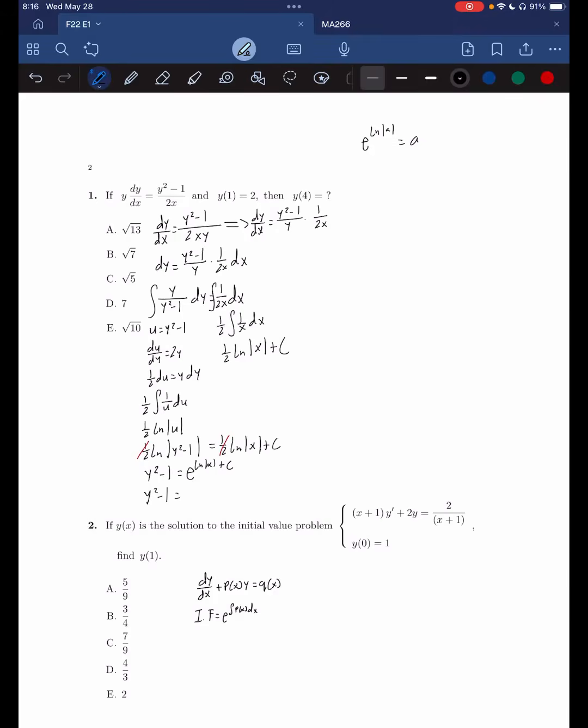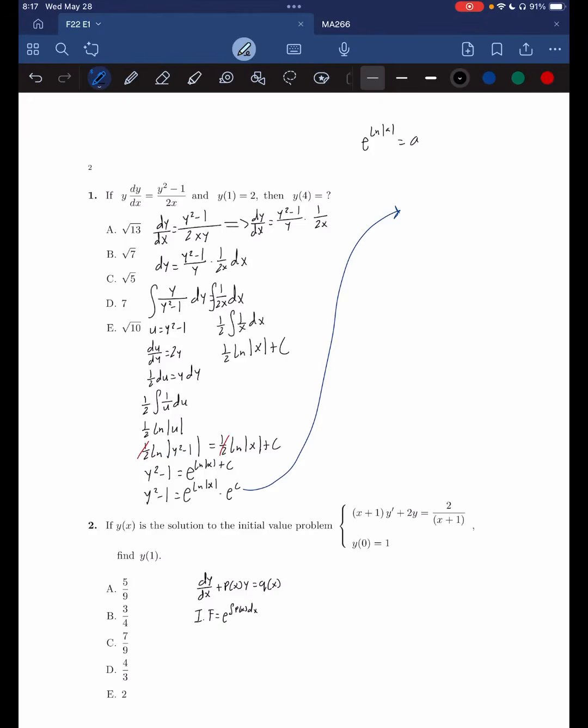E to the ln x is obviously, actually, I'll rewrite this. Multiplied by e to the c. This is the same thing, right? Using our exponent properties. I will continue my work up here. This is our same thing, but e to the c is just another constant, right? e is a constant, c is a constant.